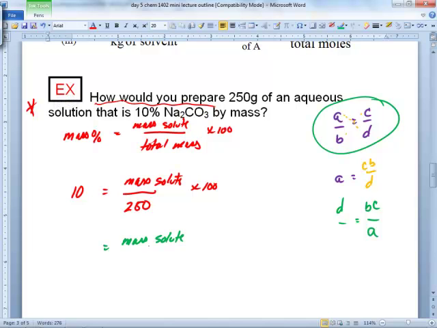It would be what? Lauren, it would be what? How would you calculate it? What times what divided by what? Okay, yeah, the same. 10 times what? 10 times 250. Keep going.